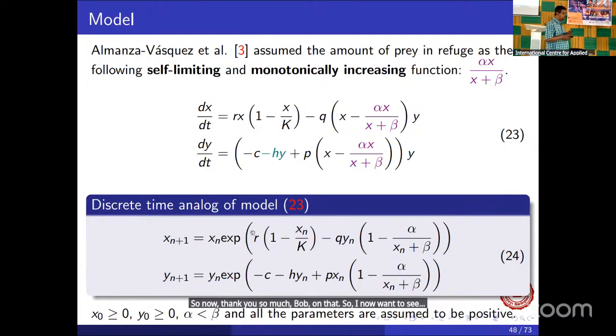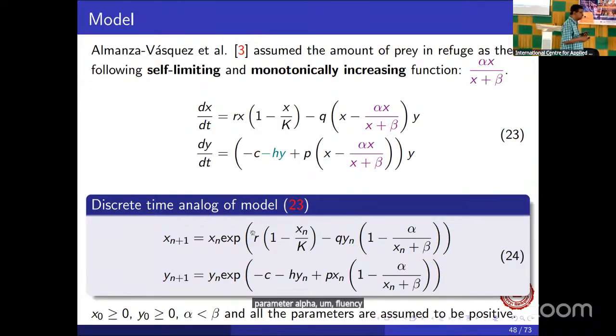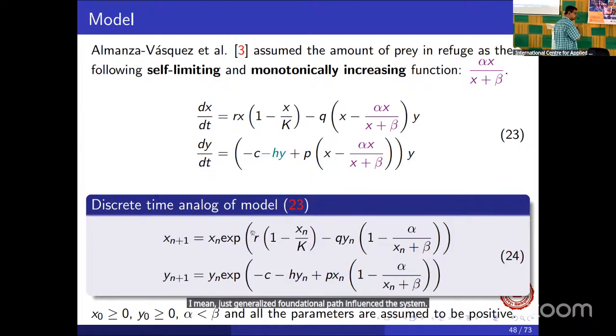So I now want to see how this parameter alpha influences the system. Just a general explanation of how alpha influences the system. Yes, sir.